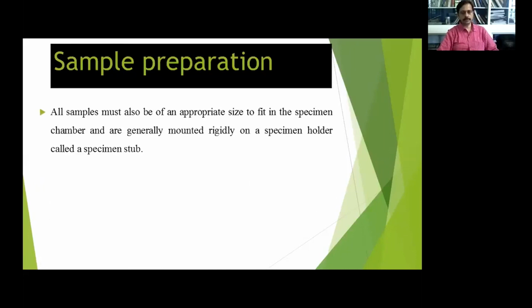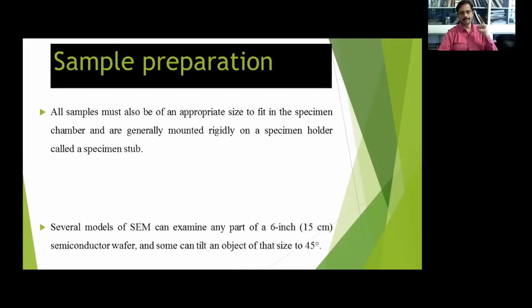It's important for us to know that the size of the sample used for analysis should be very appropriate. It should be just enough to fit in the specimen chamber. The specimen is usually mounted rigidly so that it doesn't move on a specimen holder, which is called a specimen stub.